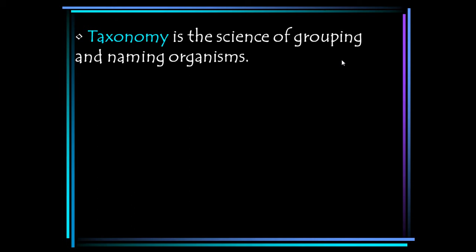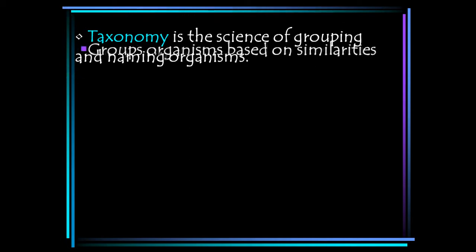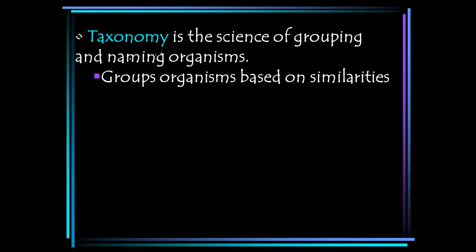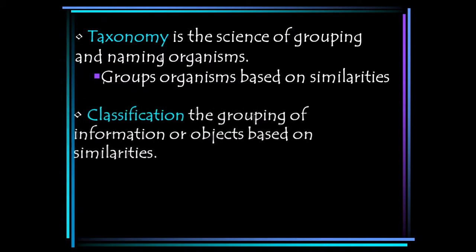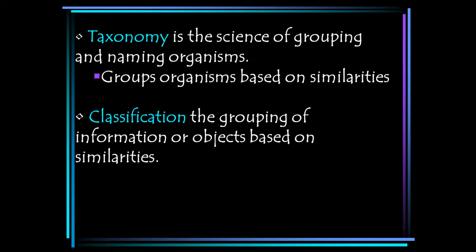Taxonomy is the science of grouping and naming organisms. Taxonomy groups organisms based on similarities. Classification is the grouping of information or objects based on similarities. So taxonomy is the study of classification.